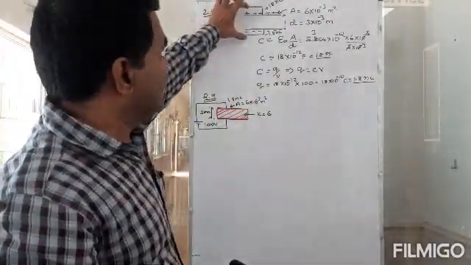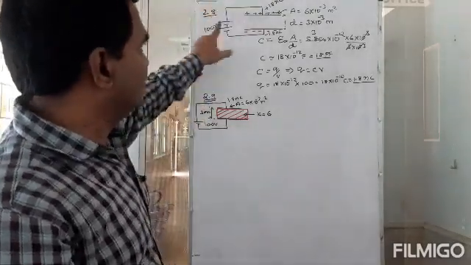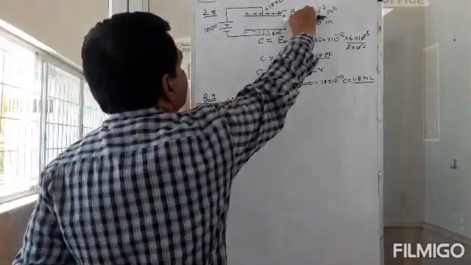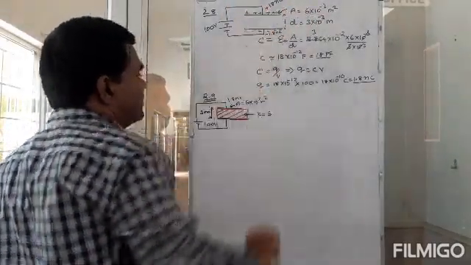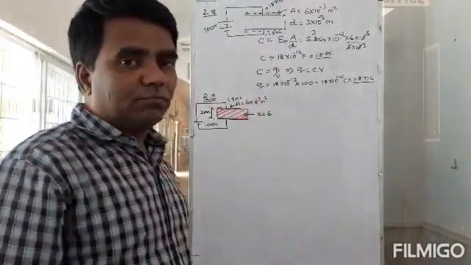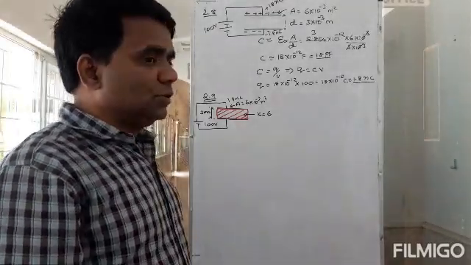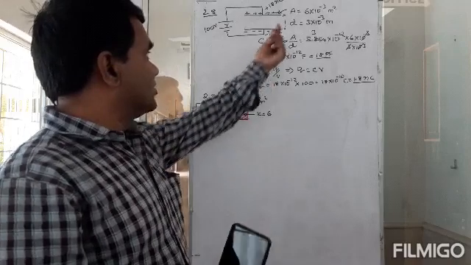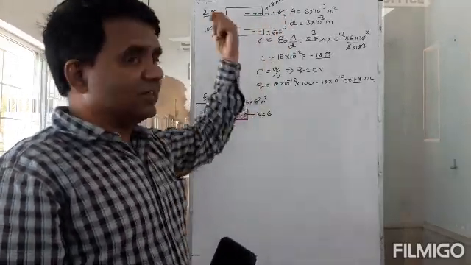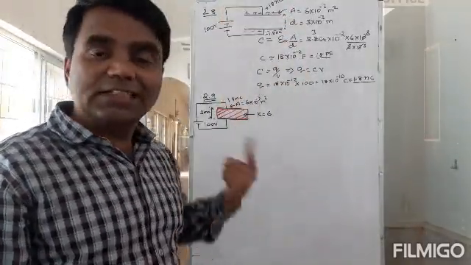You have this capacitor. 2.9 talks about 2.8. So you have this capacitor. The battery is connected to it. Now you are inserting this 3 millimeter dielectric material into it. Then what will happen now? Well, clearly, because you are going to insert this dielectric material, the capacitance of this capacitor is going to increase.